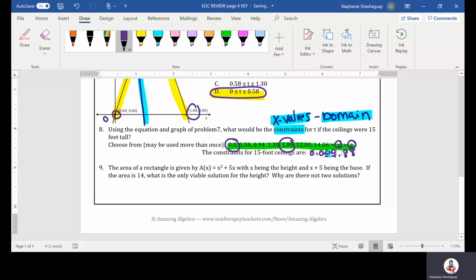The area of a rectangle is given by a of x equals x squared plus 5x, with x being the height. Okay, I always like to draw out my rectangle. So the area is equal to x squared plus 5x. X is the height, and x plus 5 being the base.